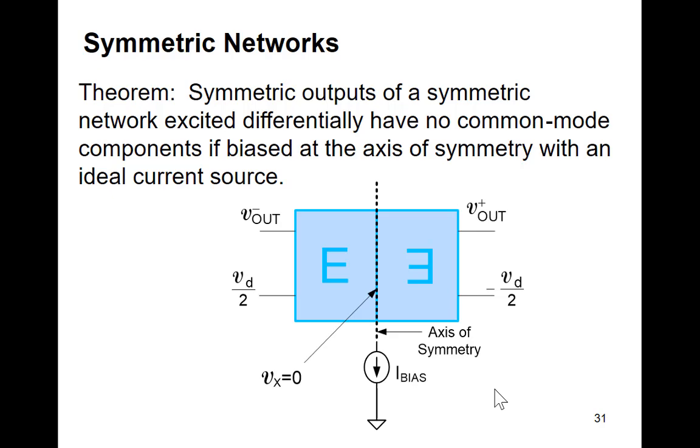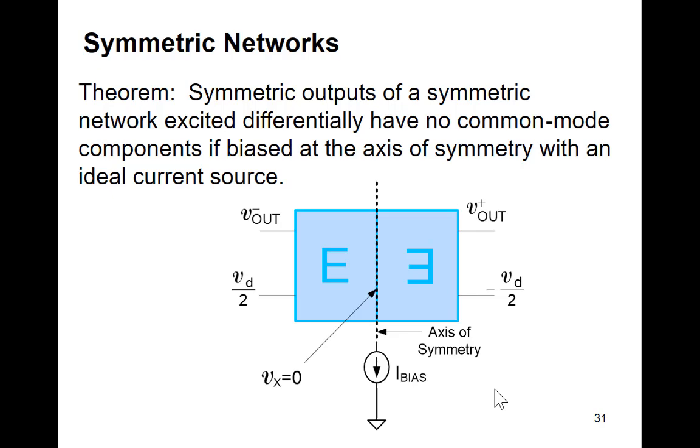You can look at it as the common mode component canceling out, or it's not there. So here's what's happening. Let's assume that I've got VDD up here, and maybe I have a couple of resistors here or something else.